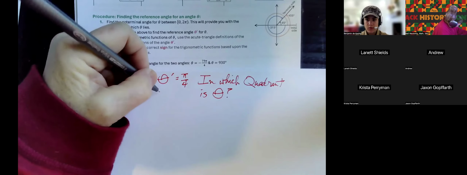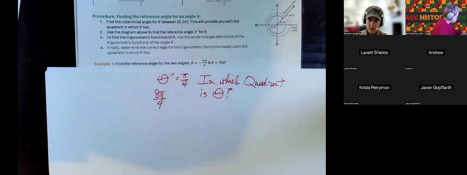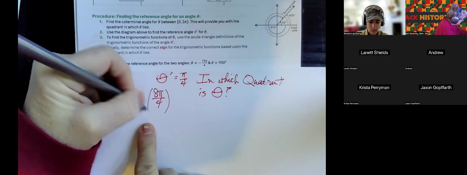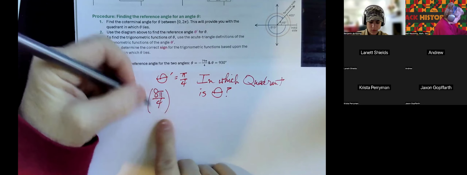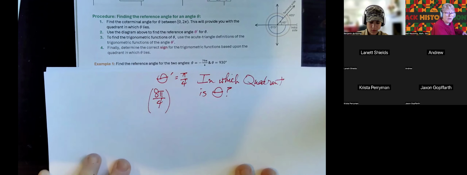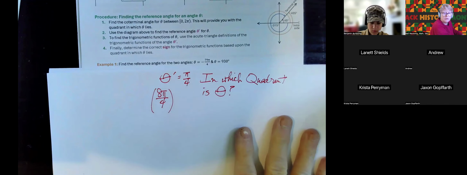What could I do to 8 pi over 4 so that when, in this case, we're adding, we get as close as possible to something between 0 pi over 4 and 8 pi over 4? In other words, what could we multiply 8 pi over 4 by so that we add a lot of them to this negative 79 pi over 4?